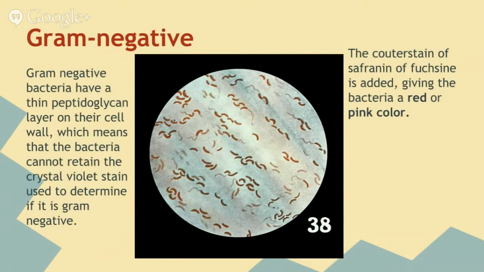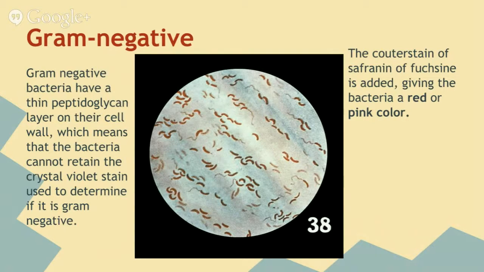Cholera is gram-negative. We learned in class about gram staining, which is the process of staining bacteria with a crystal violet stain, then using an alcohol solution on it, and then counterstaining it with safranin or fuchsin. When you do the staining, if it is gram-negative, the bacteria will be red or pink in color.